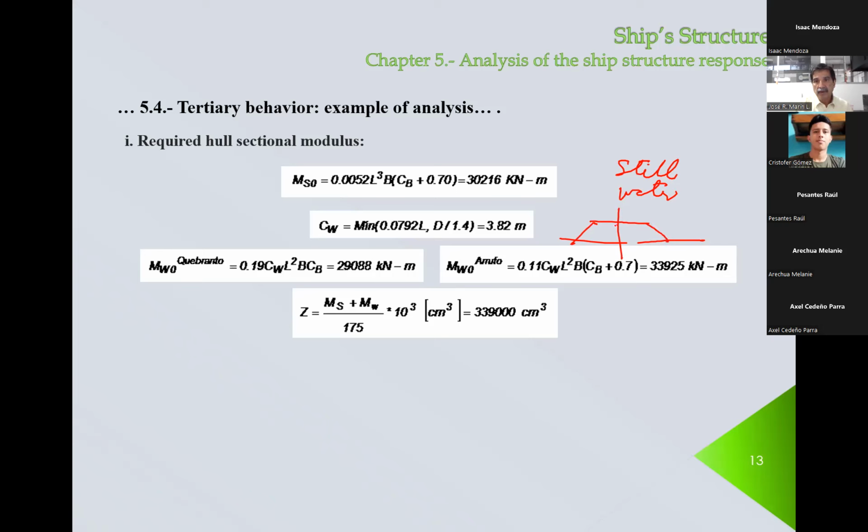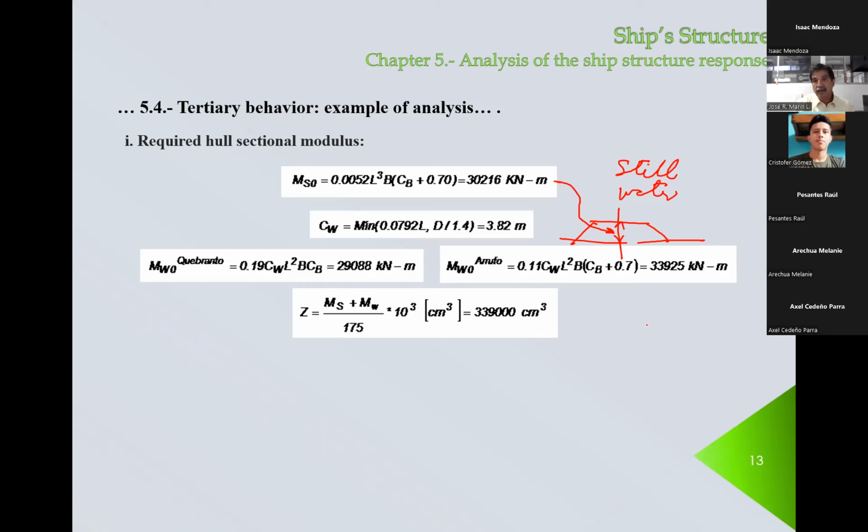So this value here in the central part is this one here that we have got. This is something very interesting, because with this formulation, you don't need to get the distribution of the weight, the distribution of the buoyancy, and all of that. You simply apply this formulation because that's the experience of the classification society.